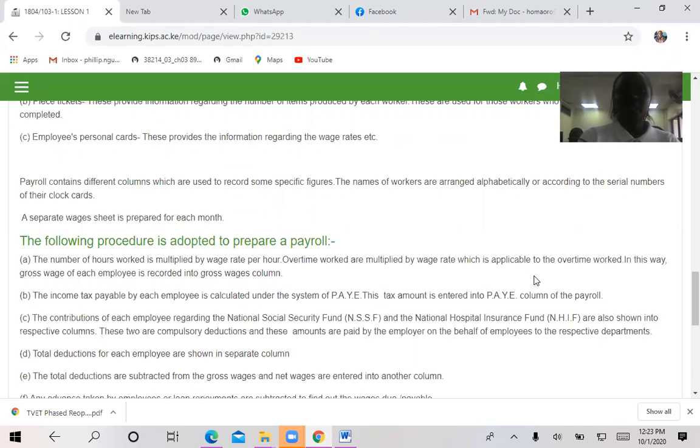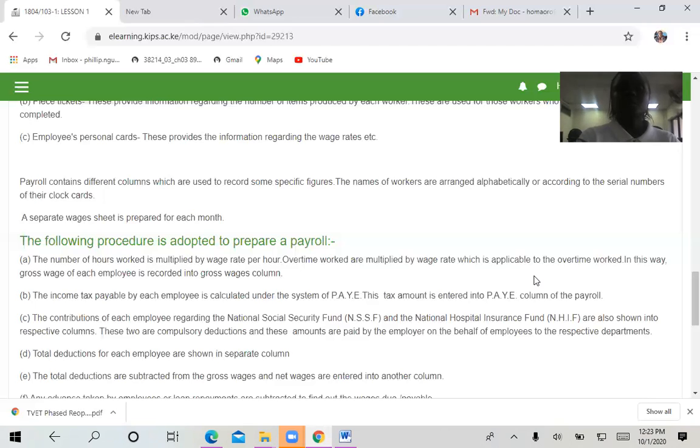Then the income tax payable by each employee is calculated under the system of pay as you earn, and the amount is recorded in the pay as you earn column of the payroll.